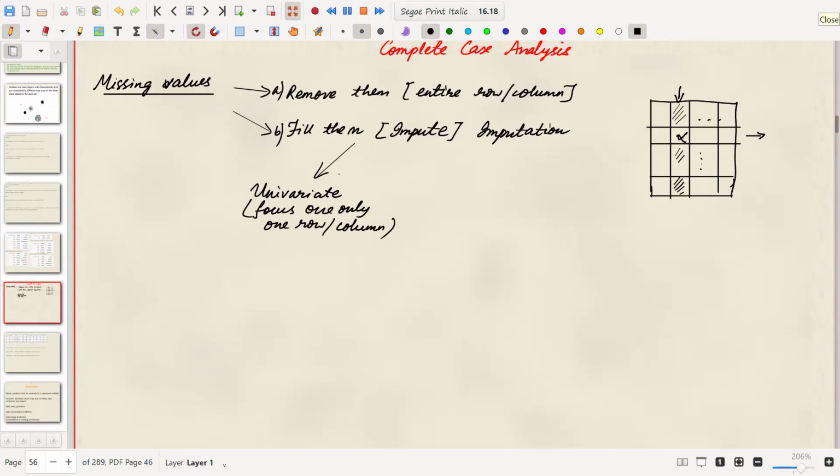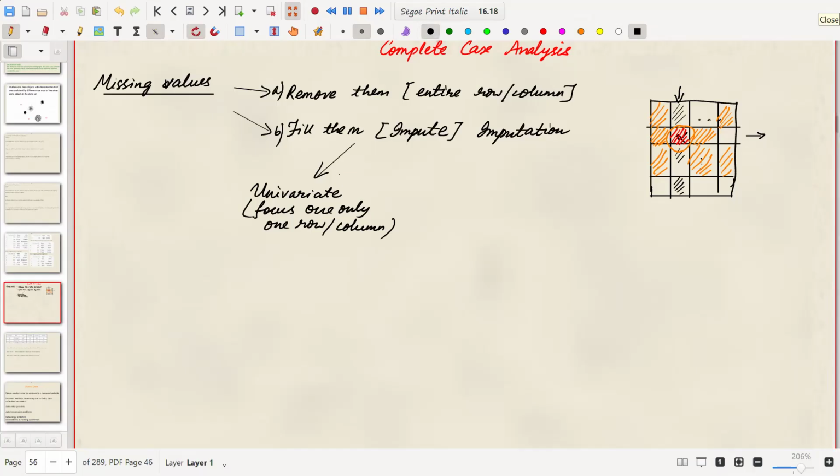Now suppose in order to fill this missing value, you are taking help of these values, this column, this row, multiple rows and multiple columns. You use multiple rows and multiple columns to impute or fill the missing value, not a single column.